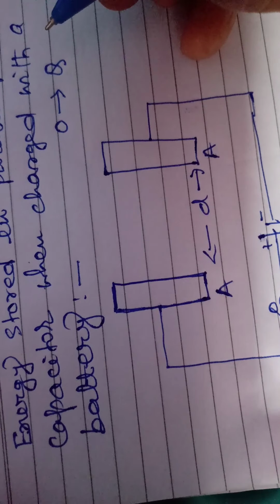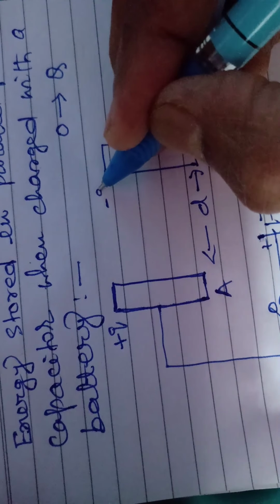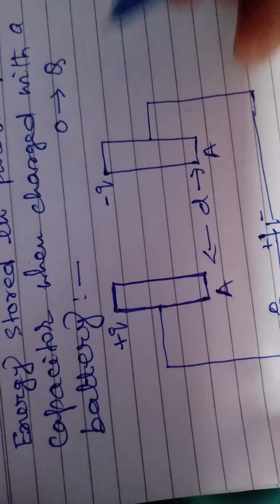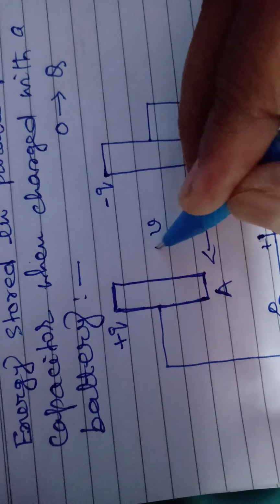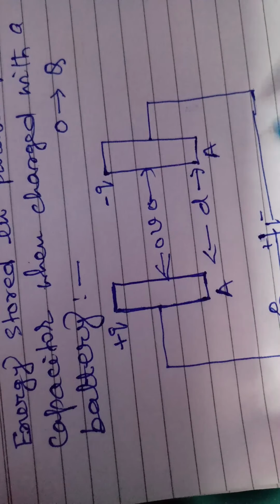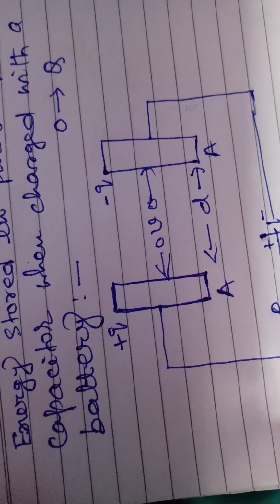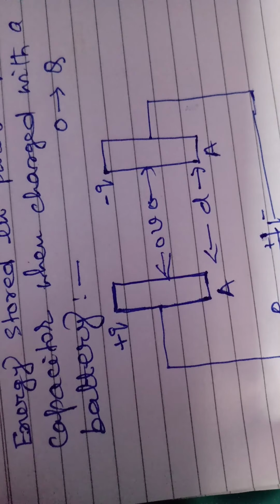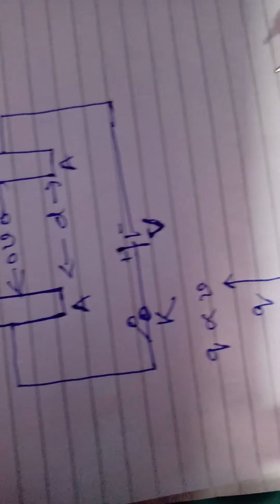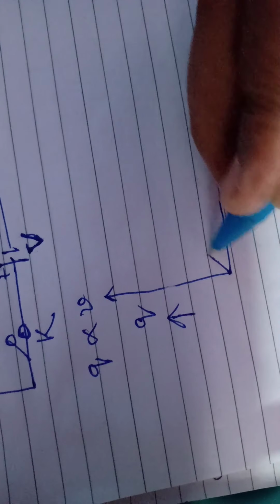At any intermediate state, if the charge on the plates are plus Q and minus Q, and the potential difference due to these charges developed between the plates is suppose V, then as we know that Q is proportional to V, so a graph plotted between Q and V will be a straight line.